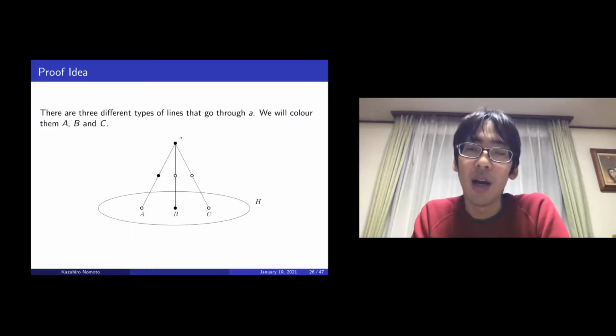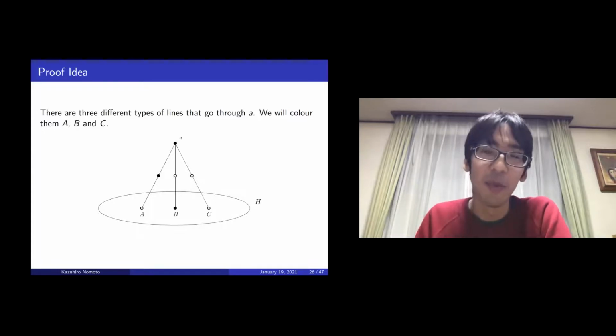And you can't have a different type of triangle because of triangle freeness. You can't have a triangle containing A with two additional points because that's a triangle. So I'm going to color every single point in my hyperplane H, A, B, or C according to this rule. So it's very simple.